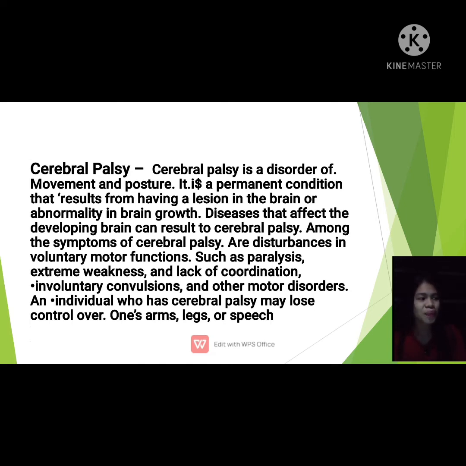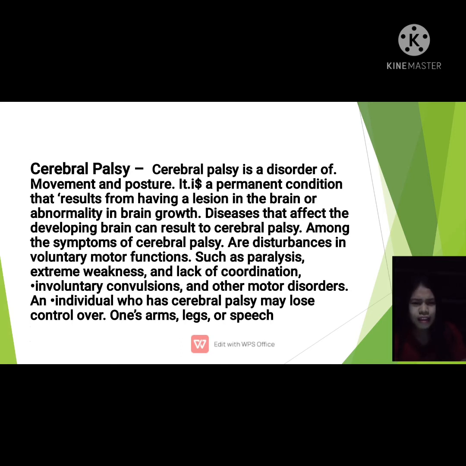Okay, so cerebral palsy is the most common motor disability in childhood. Cerebral means having to do with the brain, while palsy means weakness or problems with using the muscles.